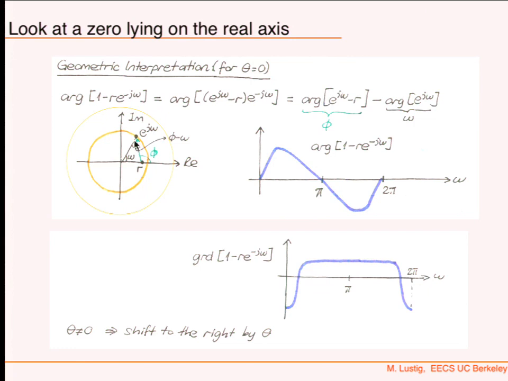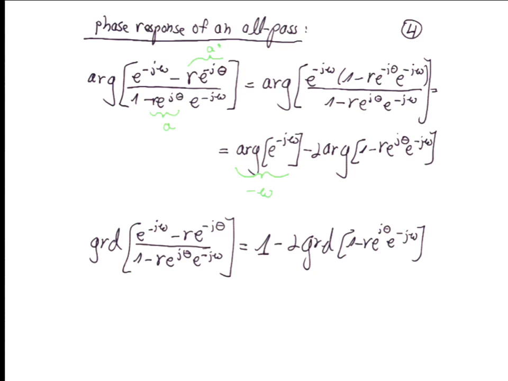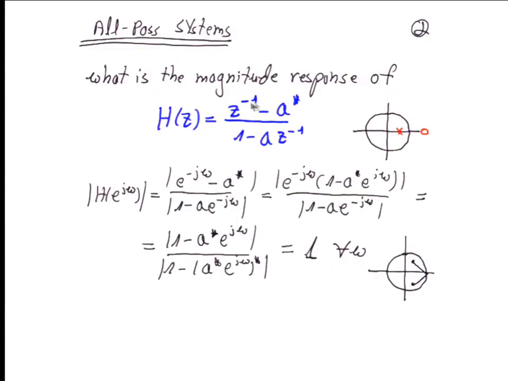If I have a pole at this point, a zero at this point, then at 1 over the conjugate... What am I doing wrong here? e^{-jω} minus a conjugate, 1 minus a conjugate here.